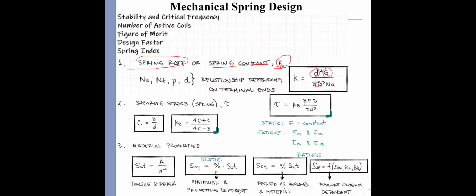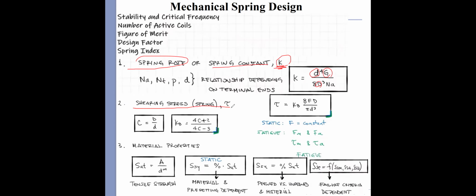K can be expressed in terms of the wire diameter, the mean coil diameter, the shear rigidity, the active coil number, and so on. That's the first thing to consider: the material properties and the geometry of the spring we select.